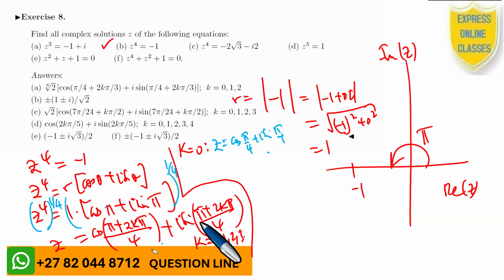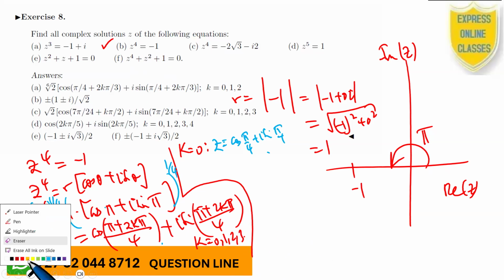You put k equals 0 here. Okay, then you would get the rest of the answers to this. But you can leave your answer here, because at this point, you need to find all the complex solutions. These are the complex solutions.